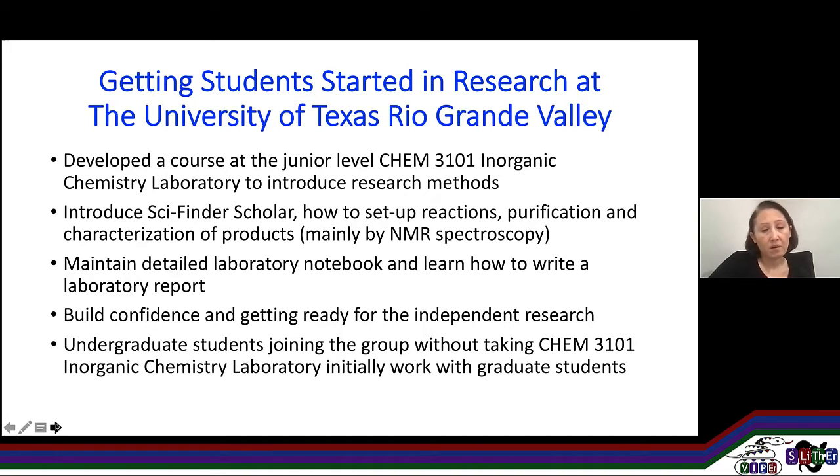We mainly use NMR spectroscopy; that's the technique I've focused on, to have them experience using NMR spectra. Then we have a very detailed laboratory notebook, and they also learn how to write a laboratory report. But this report is quite different from their previous laboratory reports.